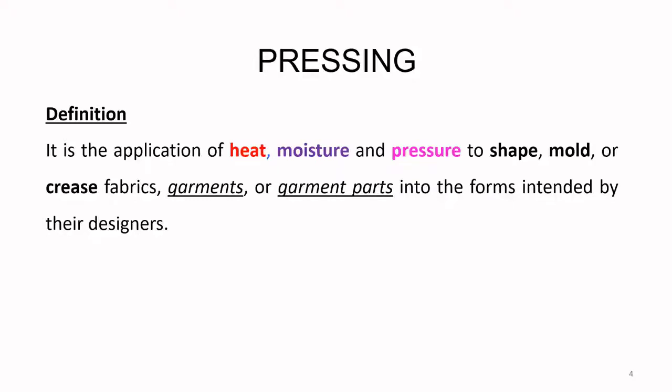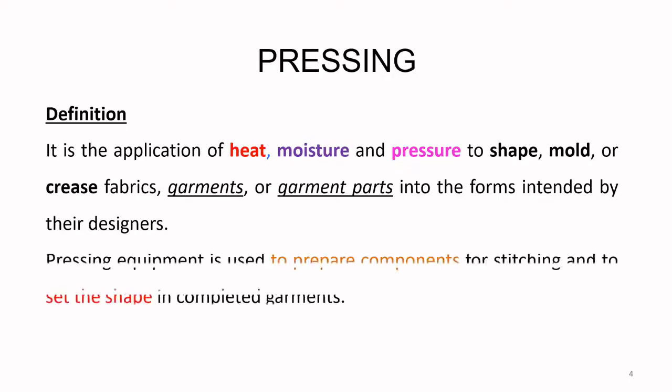And pressing can be done on fabrics or is required in case of completed garments, or pressing is also required in case of garment parts where the garment has not been completed. And to undertake the subsequent stitching operations, we need to press certain parts so that the stitching can be done very accurately. So that's the definition of pressing.